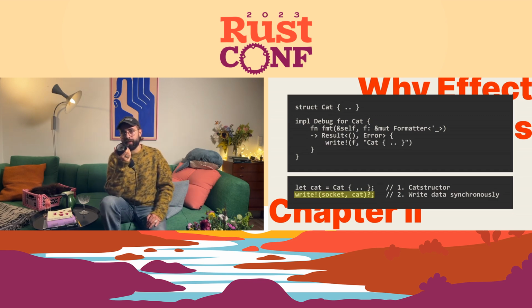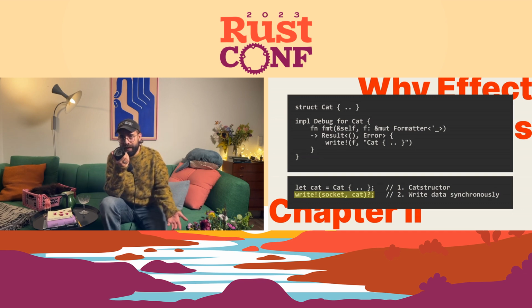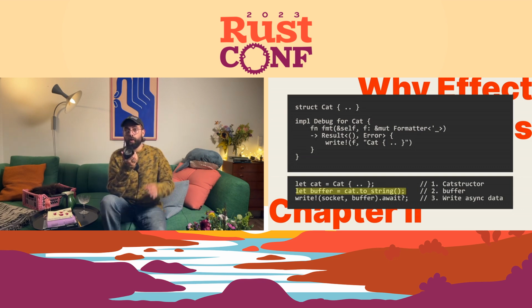But if for some reason we wanted to write bytes asynchronously into, say, an async socket, well, we can't do that. Function format is not an async function, which means we can't use await inside of it. One way out of this could be to create some kind of intermediate buffer and synchronously write data into that.